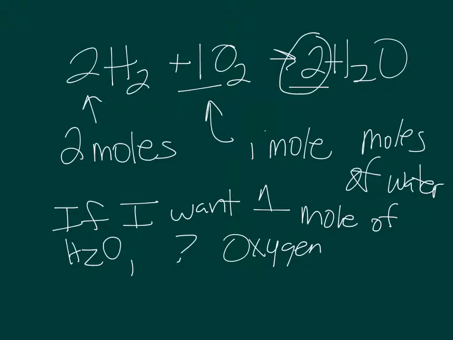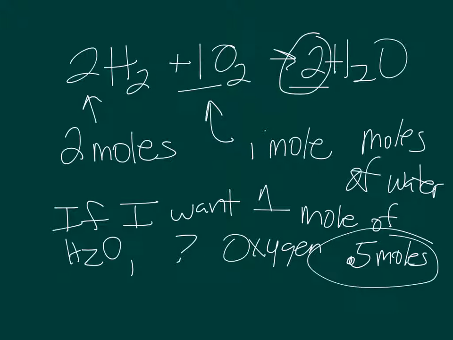So for the oxygen, the balancing number is 1. So if I half that, it is 0.5 moles. Now, we can't have a fraction as a balancing number, but I can have it in this mole story, because 0.5 moles is not half of a molecule or an atom, it's half of a bucket, or way more than a bucket, so it's half of a lot of them. So I can have it that way if I want to.